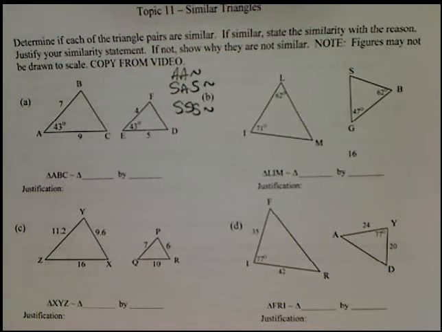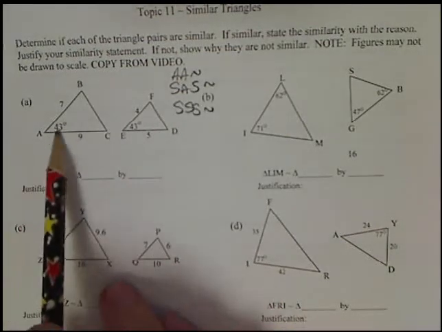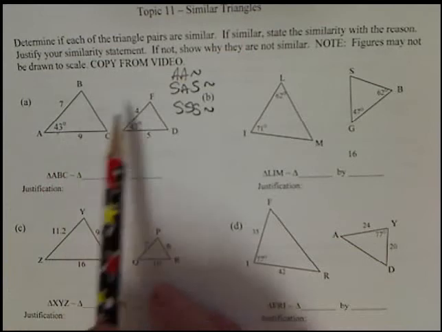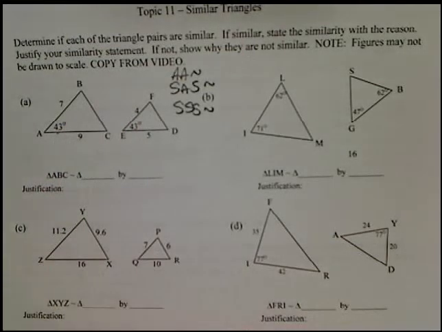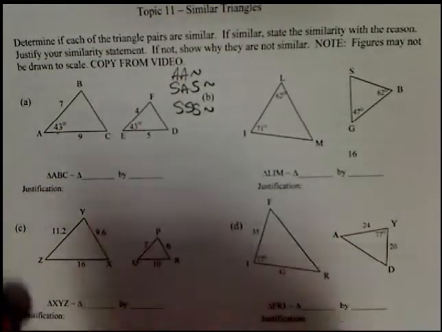Okay, let's take a look at this first one. We have side, angle, side. This is what it looks like it might be, but I've got to verify it to say whether they're similar or not.